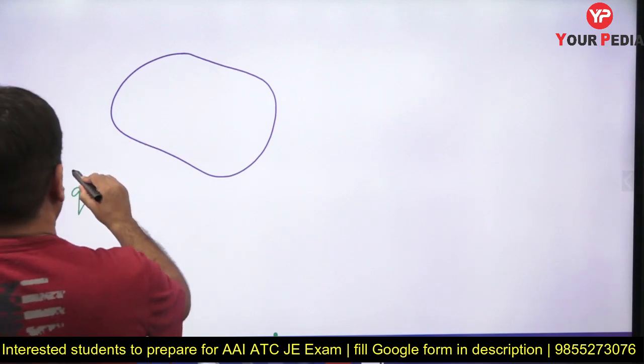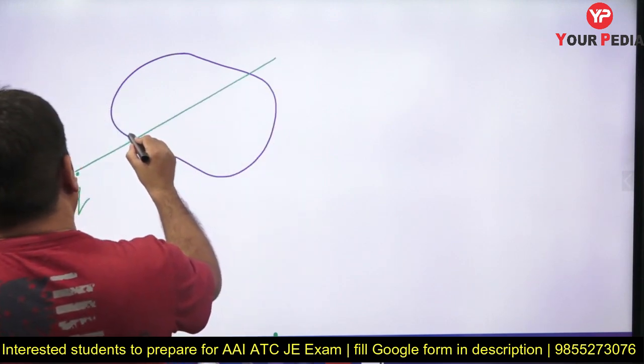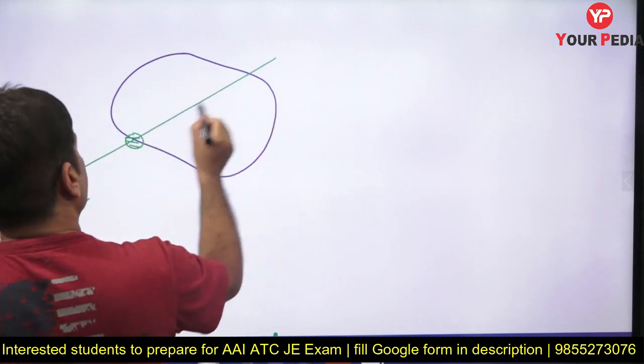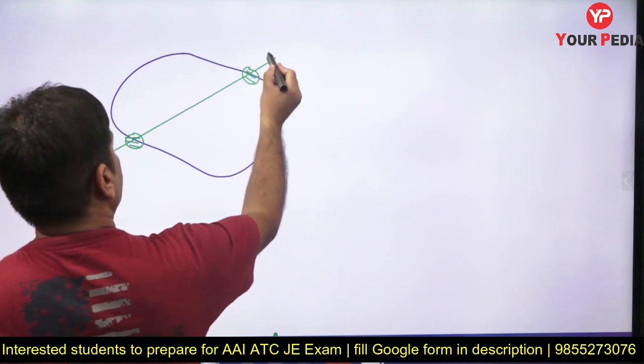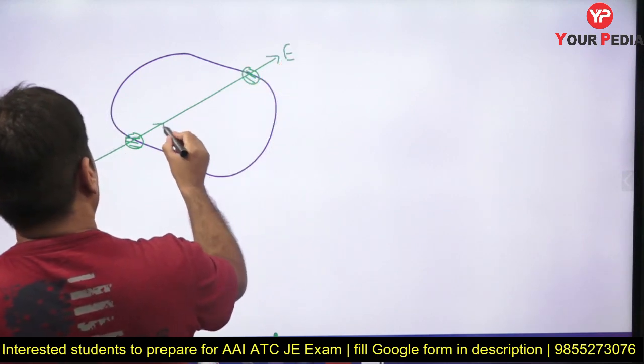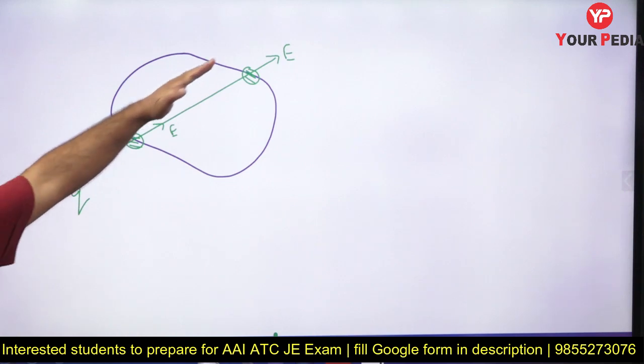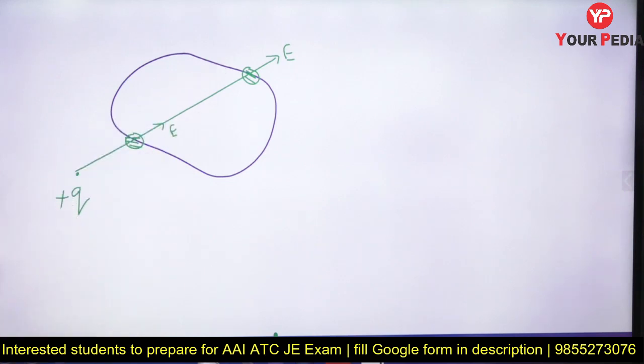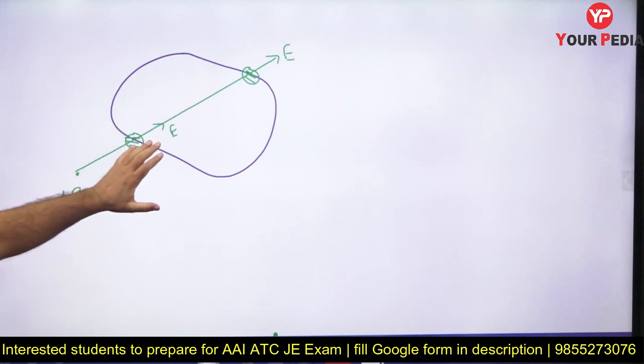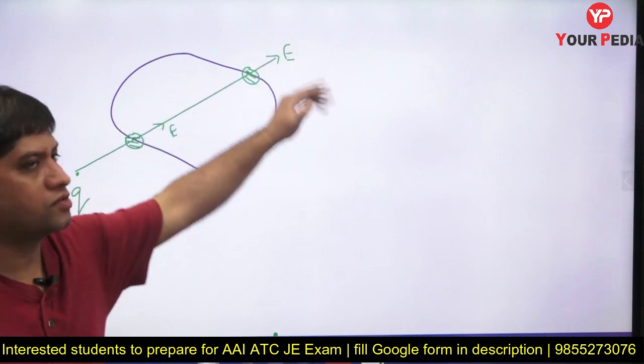Now let us say these are the electric field lines going. This is the elemental area. This is also an elemental area. The direction of electric field lines. So the electric field line which goes from this charge, let's say this is a positive charge, it enters the space, it goes out of the space.